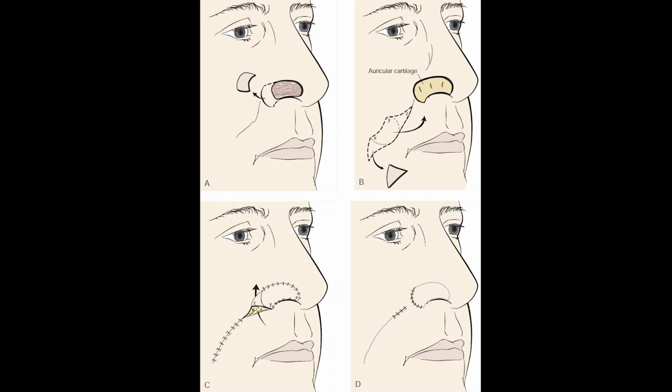In the upper right-hand corner, you see an ear cartilage graft within the defect, and this is providing support to the nose. And then you see the designed melolabial flap. This is the portion of the cheek that will be rotated up to your nose to help reconstruct this area.